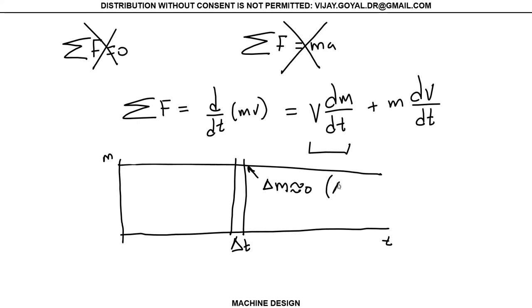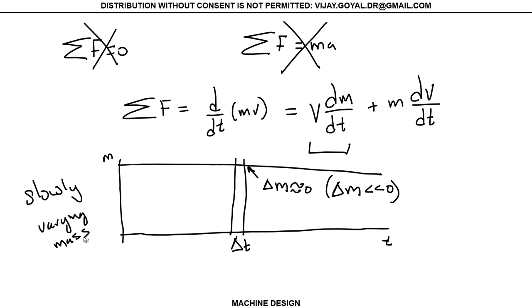Another way to write this is delta m is way smaller than 1. In such a case, I can say this is equal to 0. This is called a slowly varying mass.